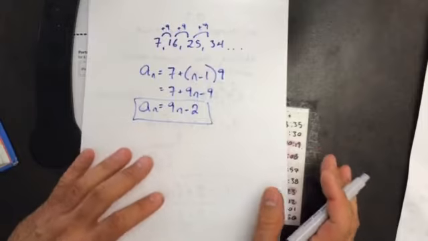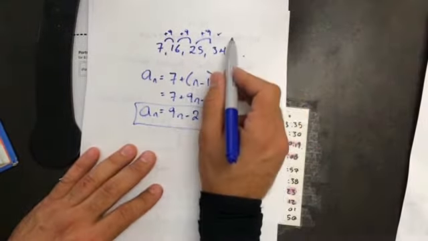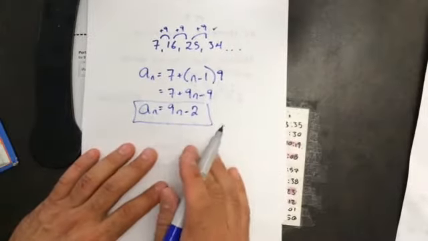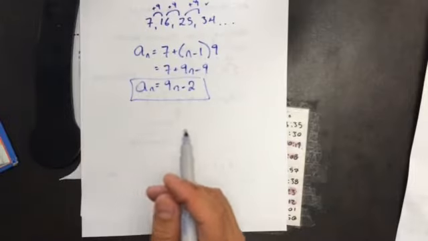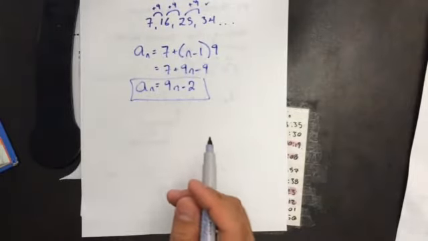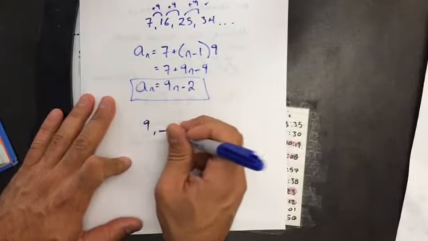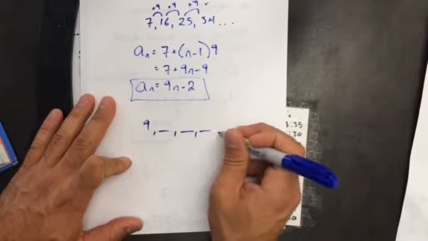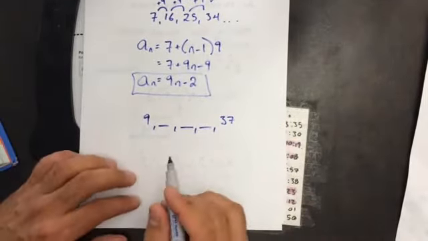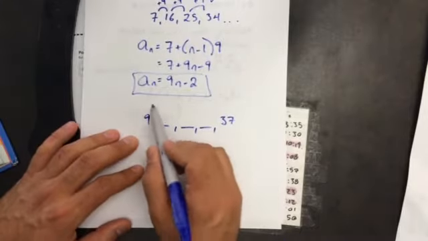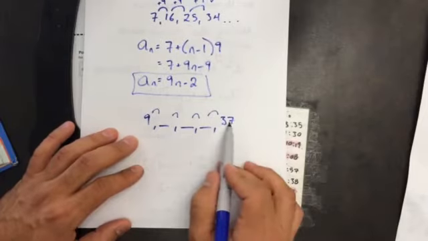Super simple to do. Just make sure that it is an arithmetic sequence first, meaning that they all have the same difference. Sometimes I'll just tell you it's an arithmetic sequence. So I'll tell you this is an arithmetic sequence. Find the missing terms, and I'll give you something like this: it is an arithmetic sequence, and I'm telling you that in 4 changes, I go from 9 to 37.